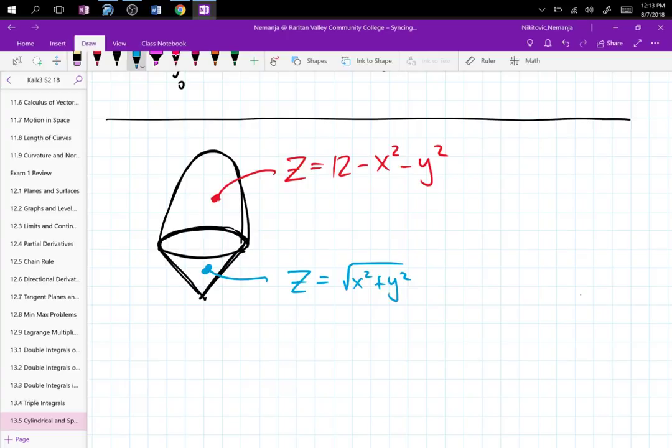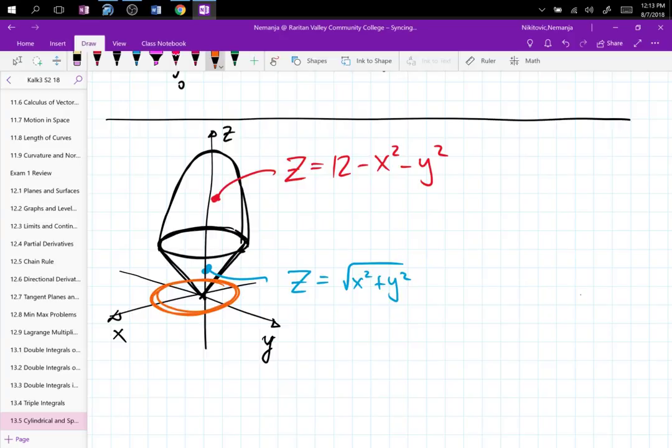And all of this, guys, is going to sit in a coordinate system like this. And when I shine the light on top of this UFO, it's going to give me a circular domain.